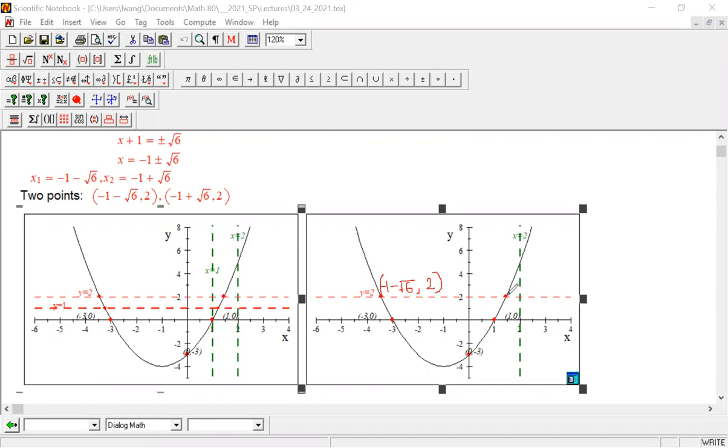And this point is -1 plus √6, comma 2. You see, the points are not always nice and neat, right?